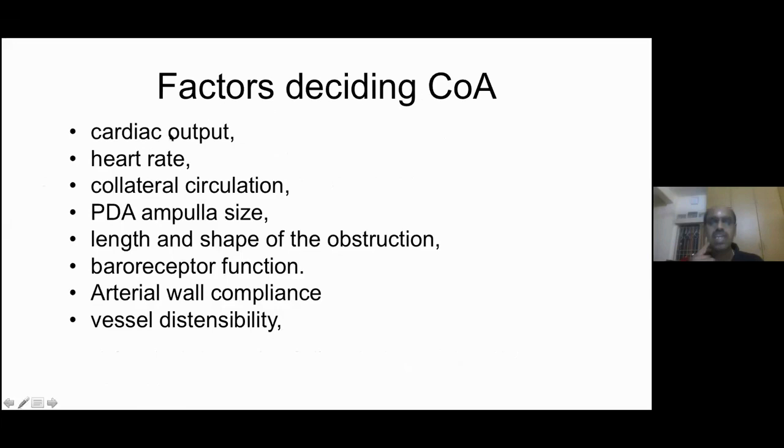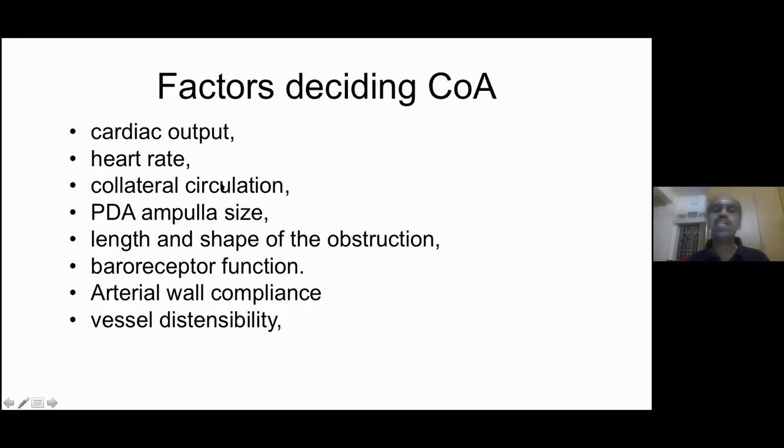You should have a normal cardiac output to maintain a correct gradient. Heart rate. If the heart rate goes extremely low, the aortic diastolic pressure in the proximal segment also goes substantially low, and that will result in lack of diastolic pressure gradient.